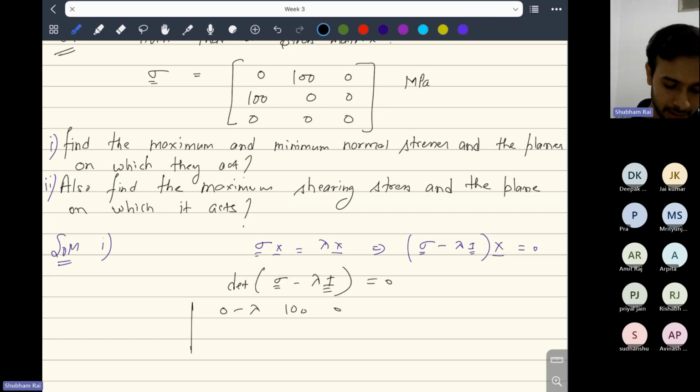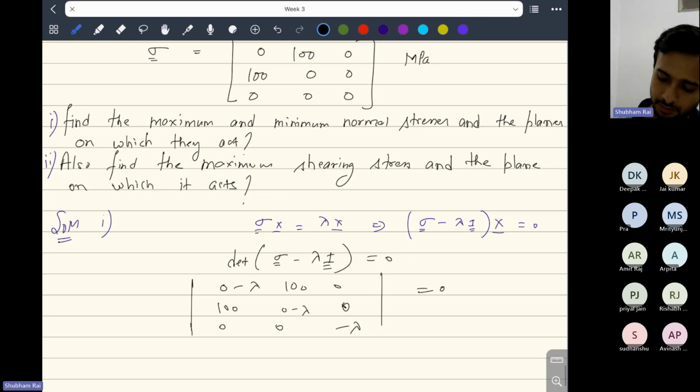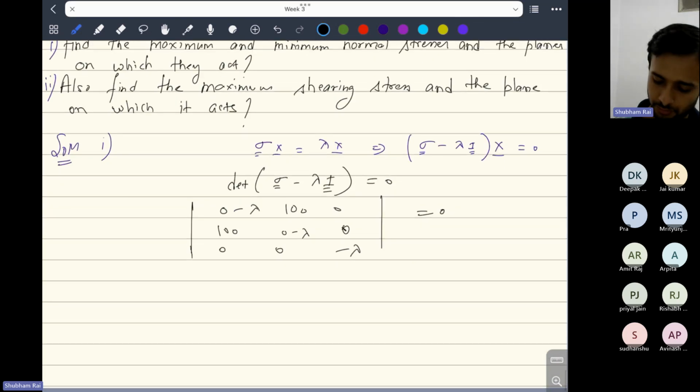I is nothing but the identity matrix. So this determinant should be equal to 0. If you solve this, you will get a cubic equation. That will be lambda times (lambda square minus 100 square), which should be equal to 0.